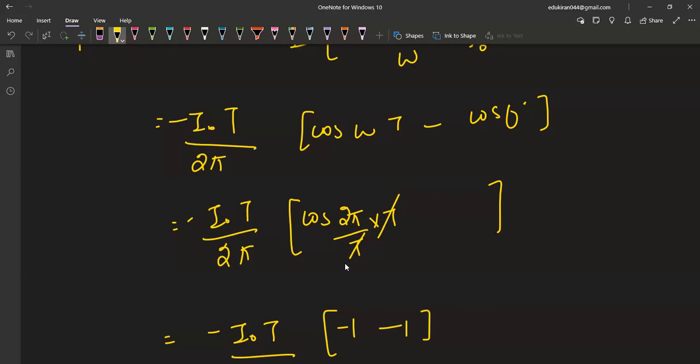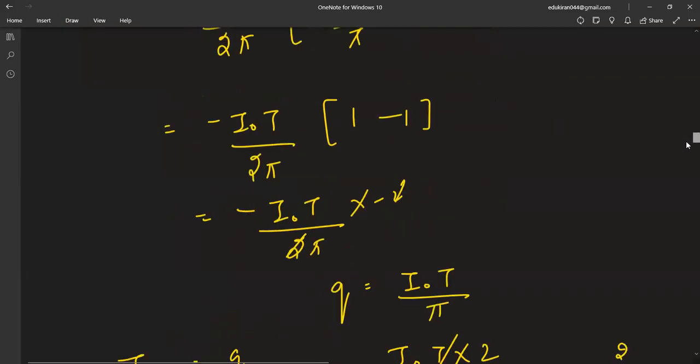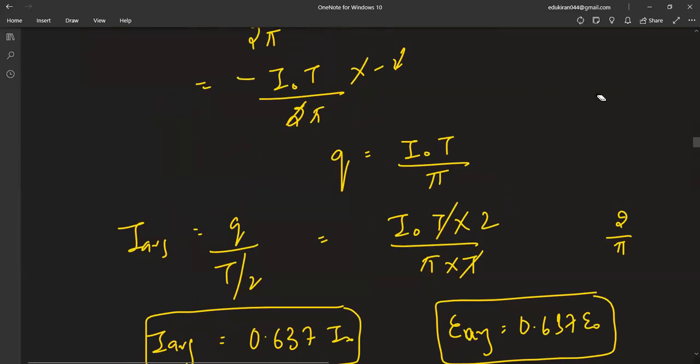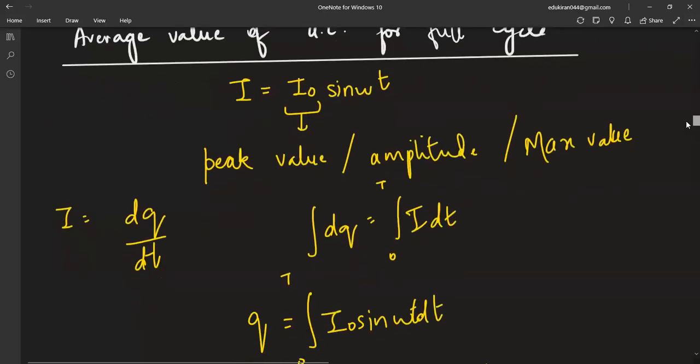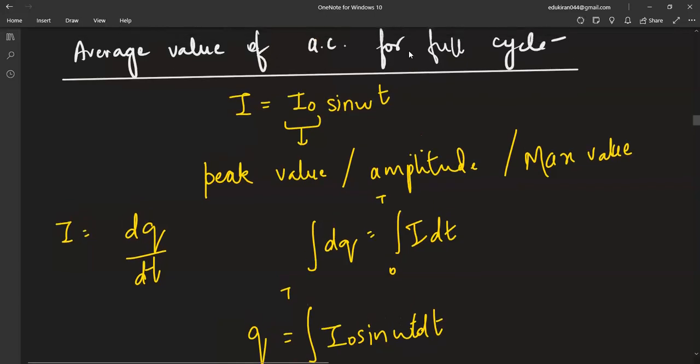We are just changing the value of time. So cos 2 pi will be plus 1. This is minus 1. So 1 minus 1, and you don't need to solve anything further. Nothing will come, so here you will have your answer as zero for the average of I and E. Quickly note it down. Anything can come for the derivation. Both of these can come. Note it down.